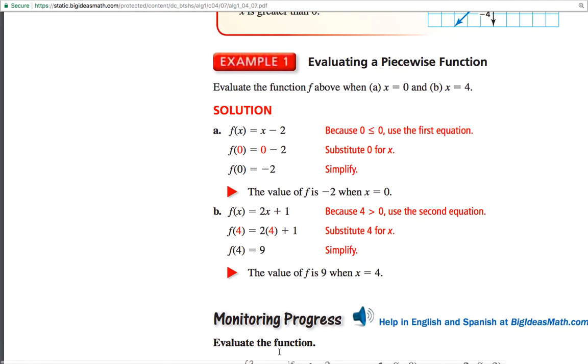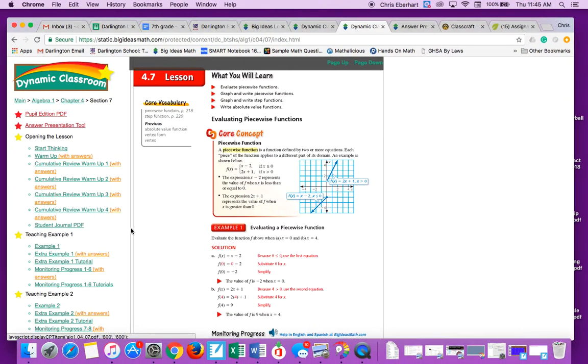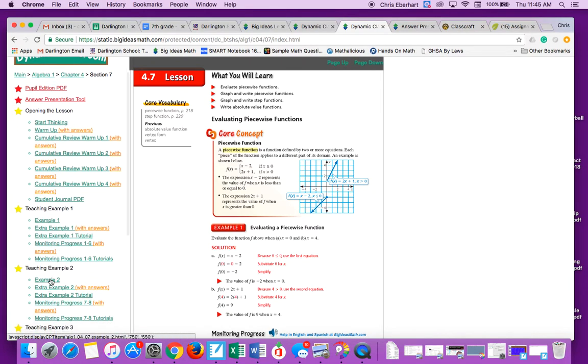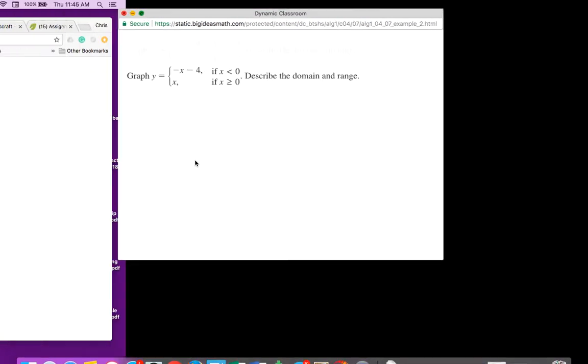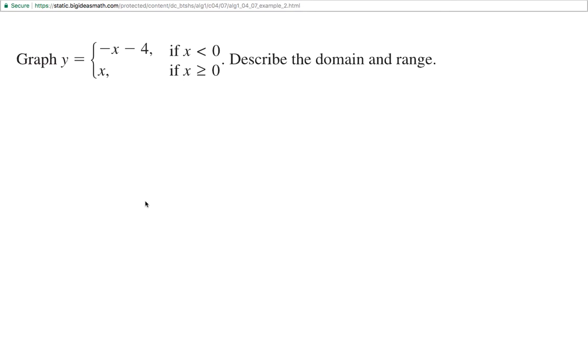All right. Some other examples. Let me close that out. Example 2. Okay. Graphing. So instead of taking a graph and working backwards, let's do this. The best way I can think about this, for me personally, is to graph it like you normally would. So for me personally, I see y equals -x minus 4.